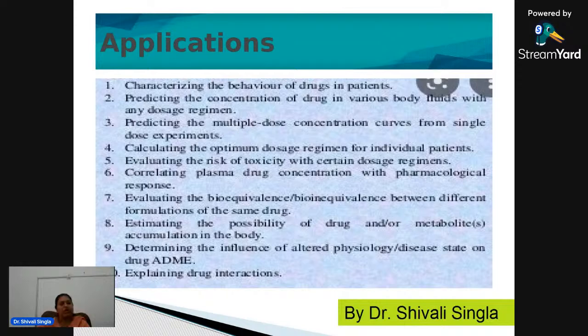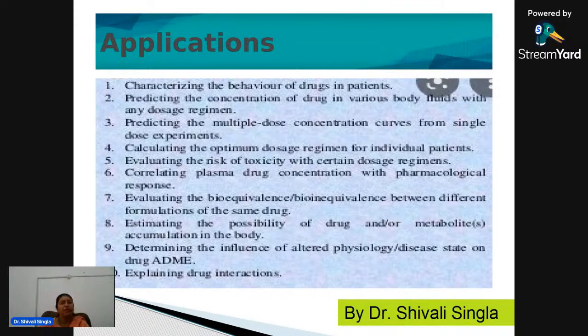If the patient has different physiology, different anatomy, different levels of enzymes, or different diseased conditions, then we can use ADME, absorption, distribution, metabolism, and elimination, to calculate the dose for that particular patient. We can characterize a specific drug's behavior in that particular patient according to the patient's condition.